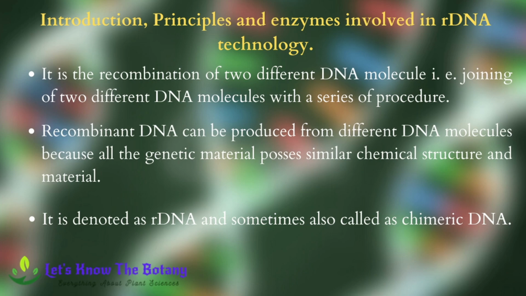In the laboratory, with the help of molecular cloning, genetic material from multiple sources is brought together to create a sequence which is not found in the genome naturally. Here, this technology can be denoted as rDNA and sometimes it is also called chimeric DNA.